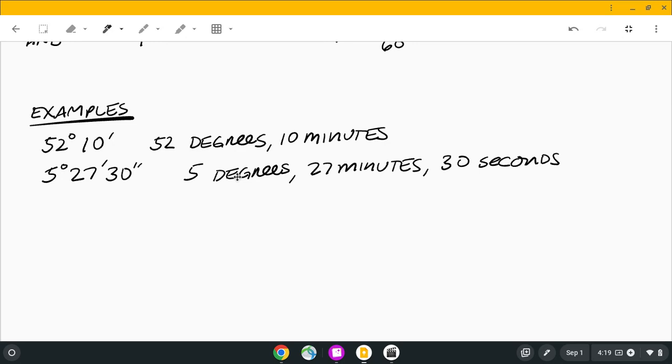You have 5 degrees, so you know what 5 degrees looks like. Very small. And then 27 minutes. So it's like you have 1 degree cut into 60 parts, and you only have 27 of those. And then even smaller, 30 seconds. You take one of those minutes, and you don't have a full minute, but you have half of that minute.